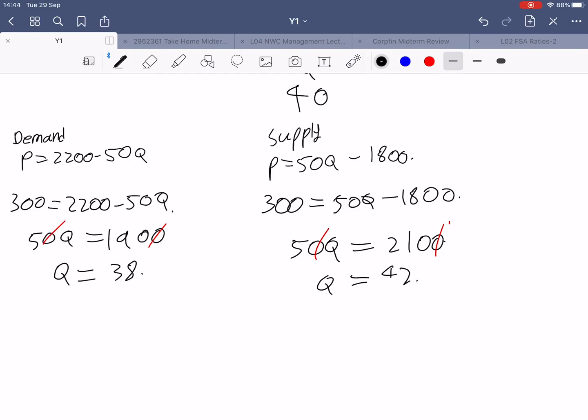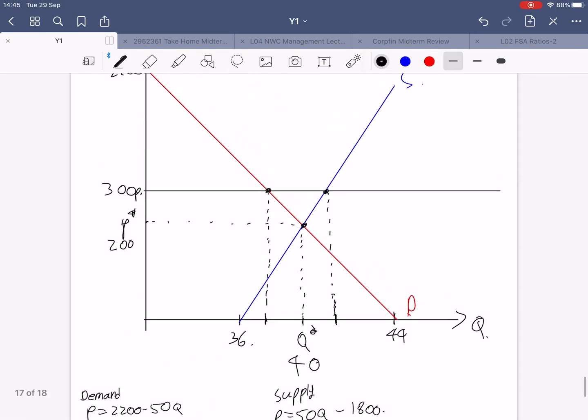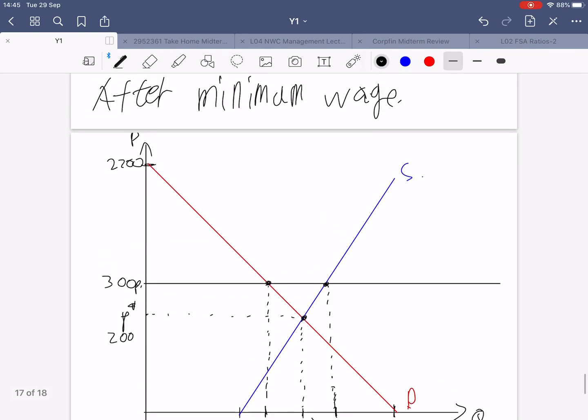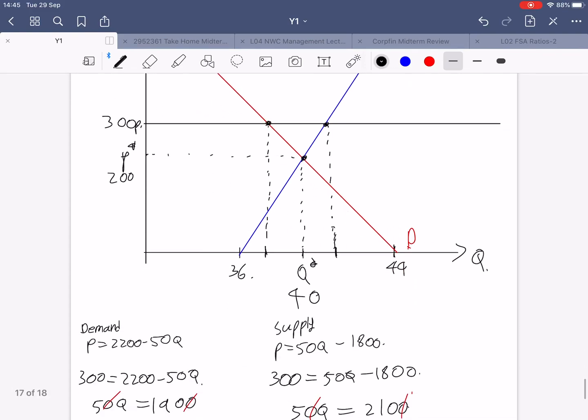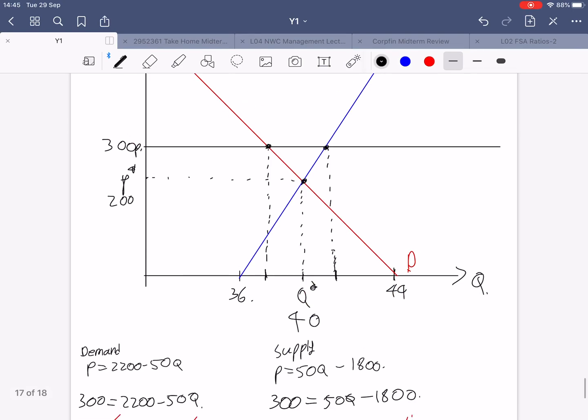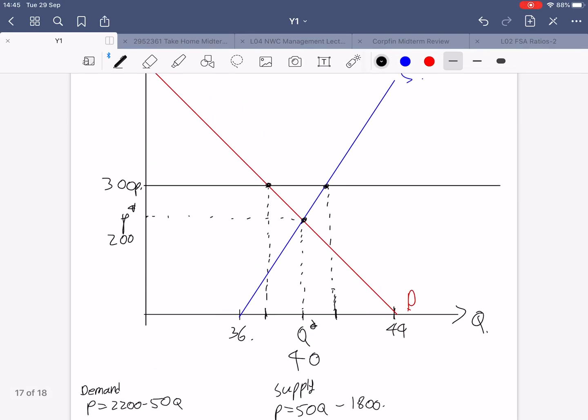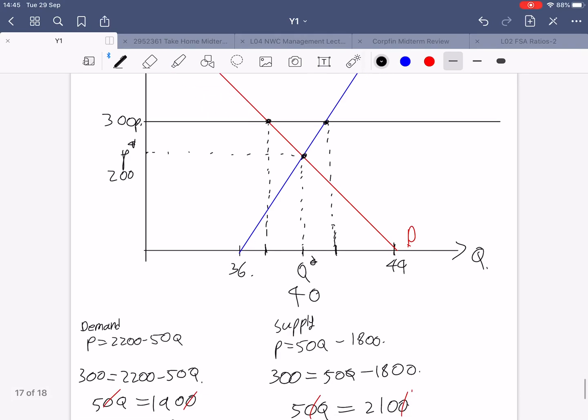42. So here, when there is a minimum wage, as people can get more wage after this law is imposed, there will be excess supply. They want to work more, so 42 people are supplied.